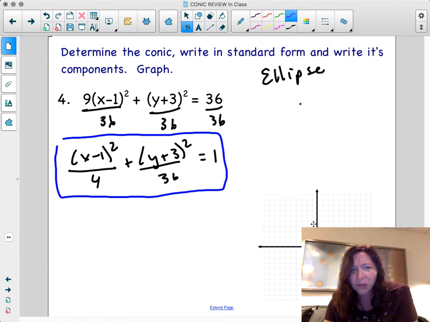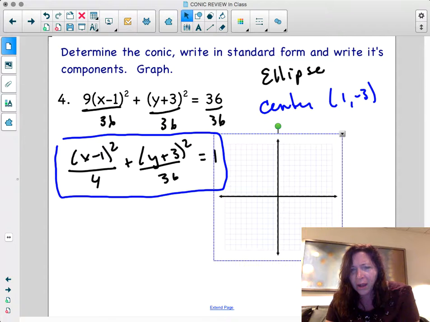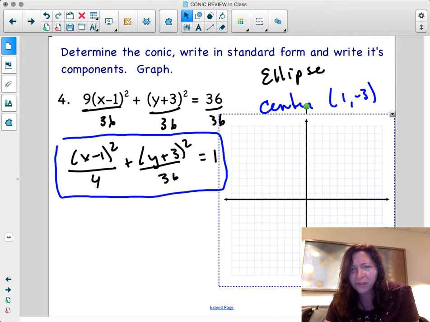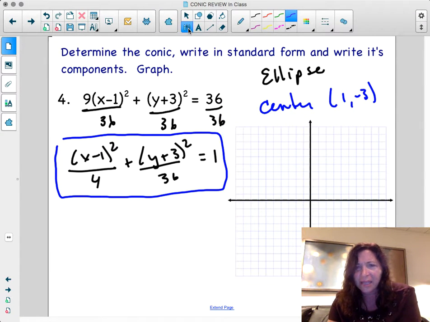My center of my ellipse is at 1 comma negative 3. So let me move this graph up here. I really believe in graphing all of these so you can visually see the same thing. So you're going over 1 and then down 3. So that's my center. From my center, I'm going to go 2 to the left and then 2 to the right, because that's going to be the square root of that value.